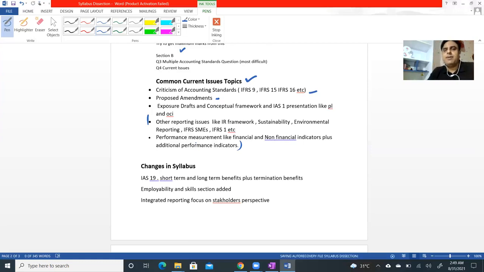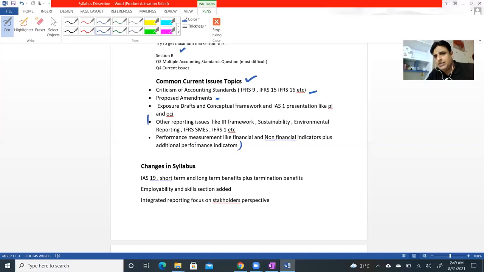Then performance measurements. It can also be a part of question number 4, in which, okay, this is not the performance measurement which you have done in a previous paper like F5, F7 or F9. No, it is not like that. In this case, definitely you have to analyze or discuss the performance in a given scenario.